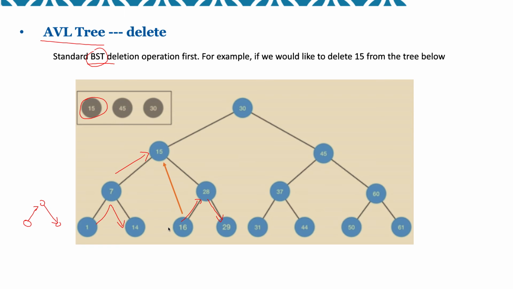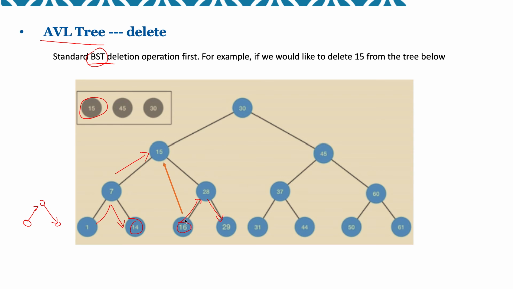So you will find the number just bigger than 15 or just smaller than 15. Which means 14 or 16 could substitute for 15. So you can choose either 14 or 16 to substitute 15.